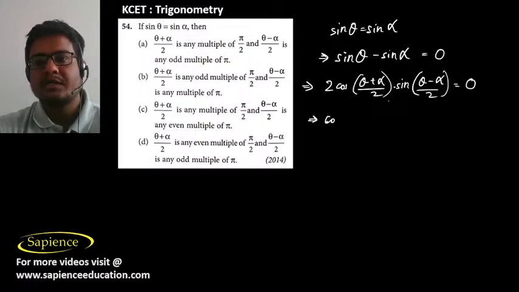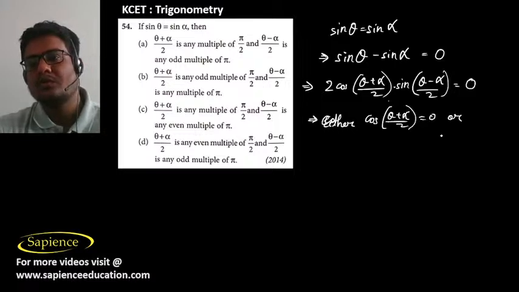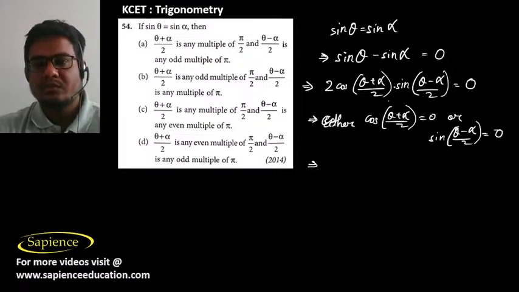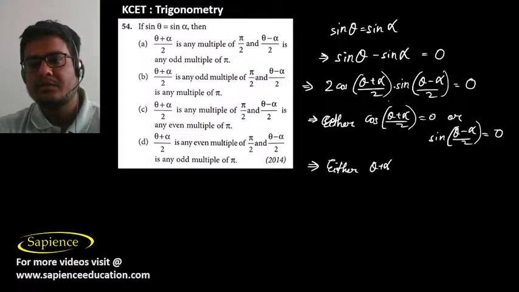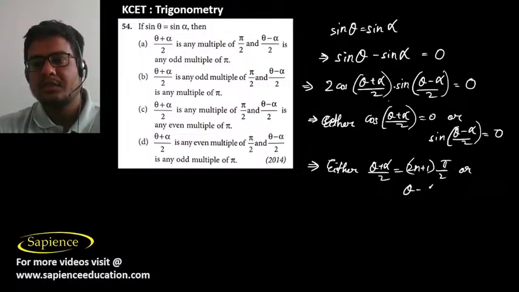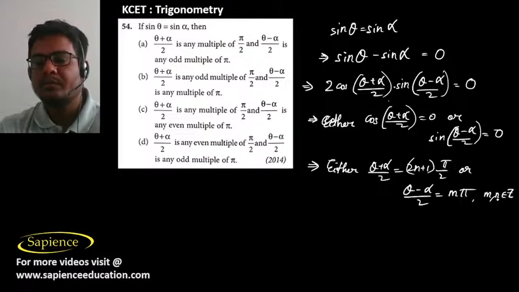So this means that either cos of theta plus alpha by 2 is equal to 0, or sine of theta minus alpha by 2 is equal to 0. Which implies that either theta plus alpha by 2 is equal to 2n plus 1 into pi by 2, or theta minus alpha by 2 is equal to m pi, where m and n belong to Z, that is, m and n are integers.